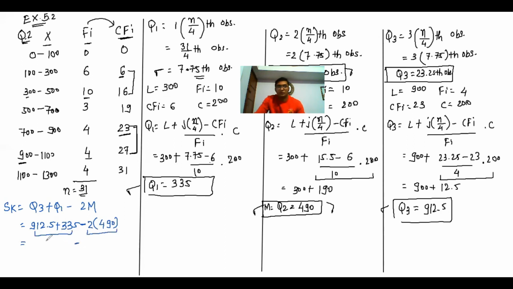So it will be 1247.5 less 980. Final answer for skewness is 267.5.